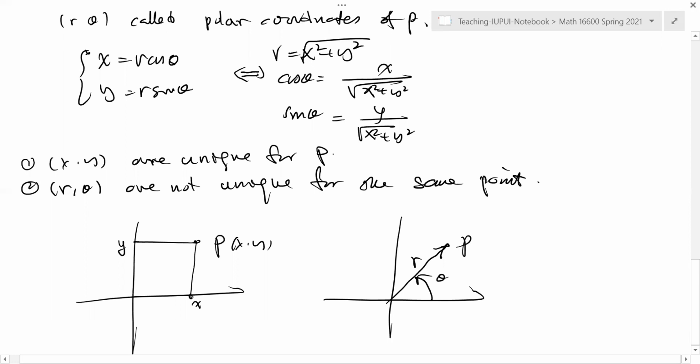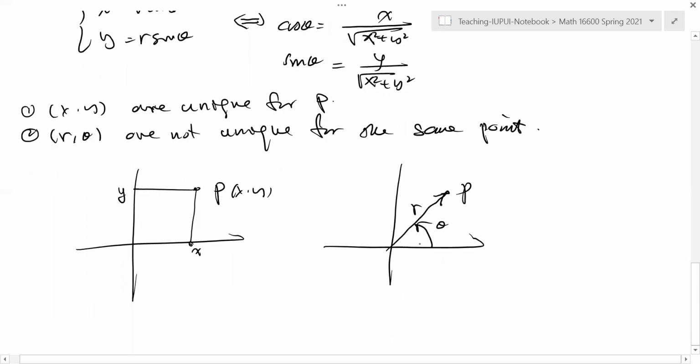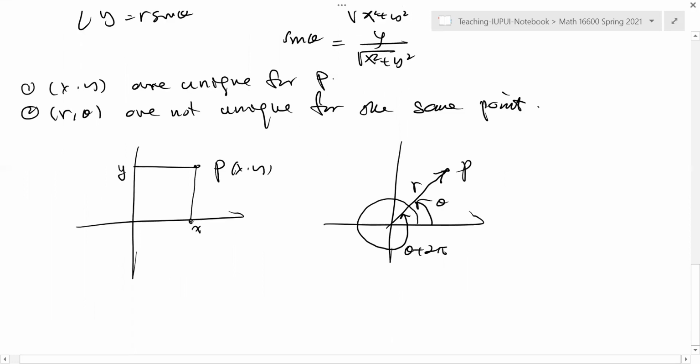Theta is not unique. The reason it's not unique is because I can rotate this coming back, so this angle will be theta plus 2 pi. So r and theta, and r and theta plus 2 pi, represent the same point.